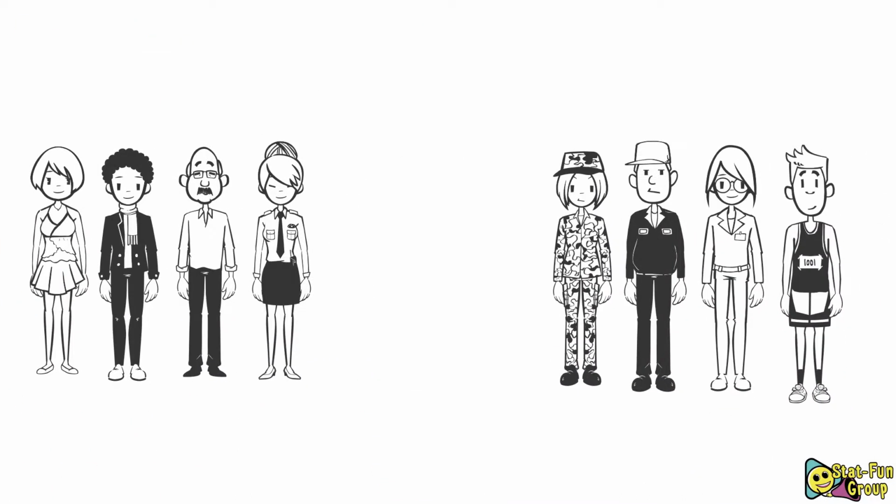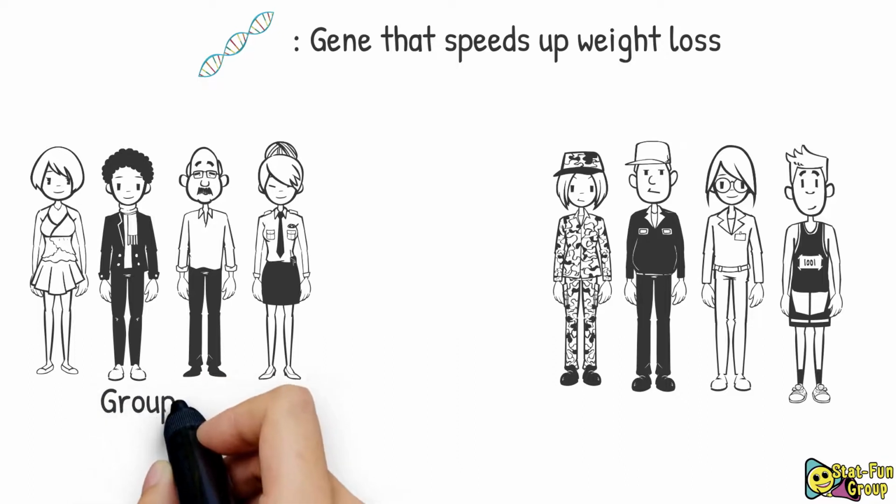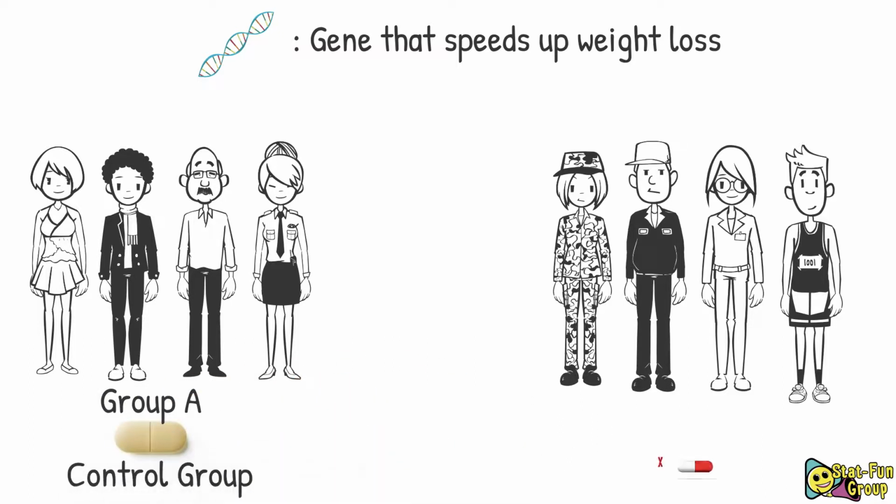If we relate back to our example, some humans may contain an unknown gene that speeds up their metabolism and causes them to lose weight more than those without the gene. When recruiting volunteers for our experiment, we did not perform any DNA analysis before randomly assigning the volunteers to either Group A, the control group, or Group B, the drug X group.